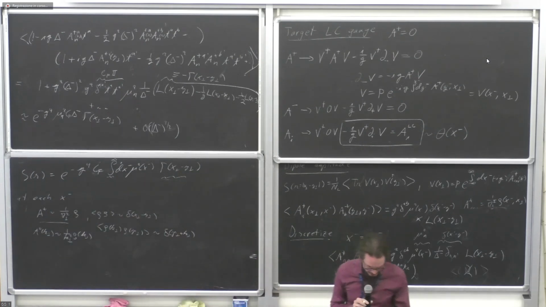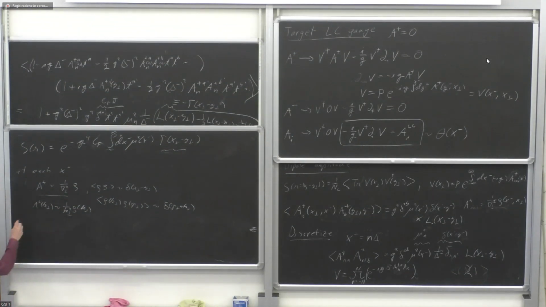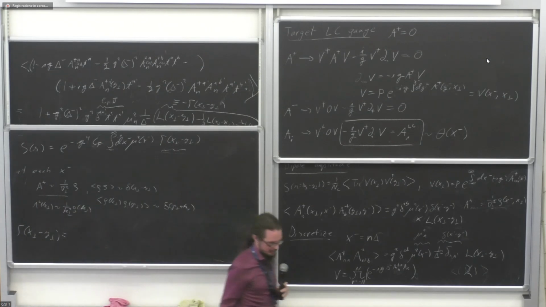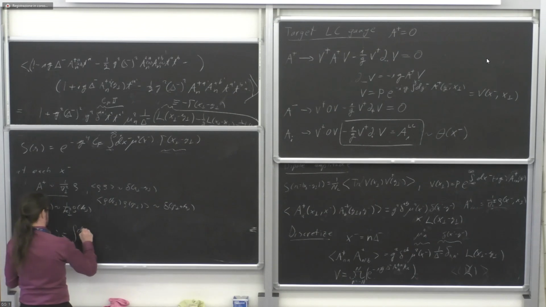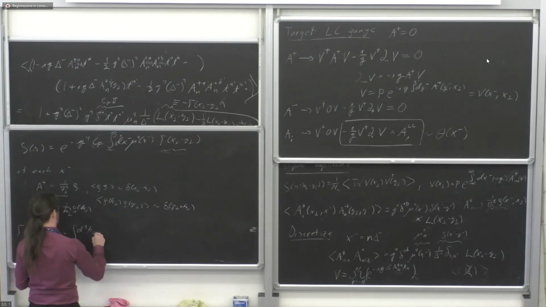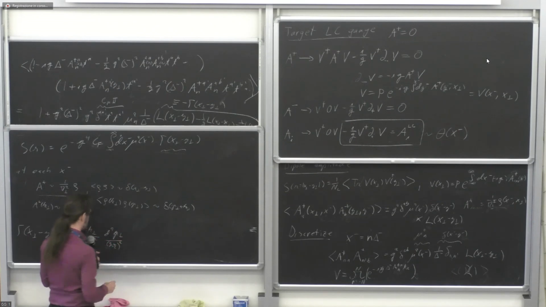So cutting short a few steps, I hope that you will believe me if I say that this gamma of x perp minus y perp, so Fourier transforming back and forth, is going to be an integral d squared k perp over 2 pi squared, d squared p perp over 2 pi squared.